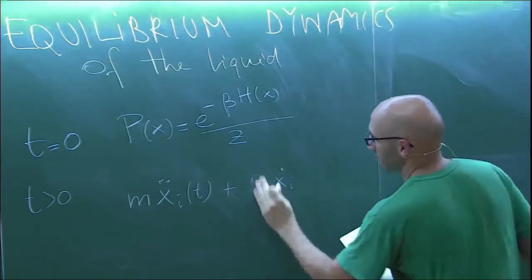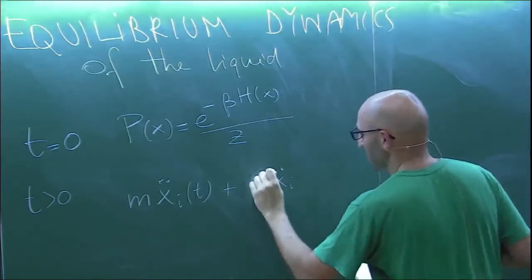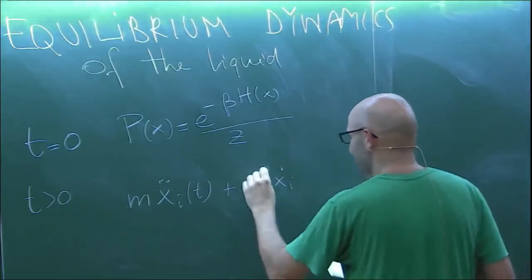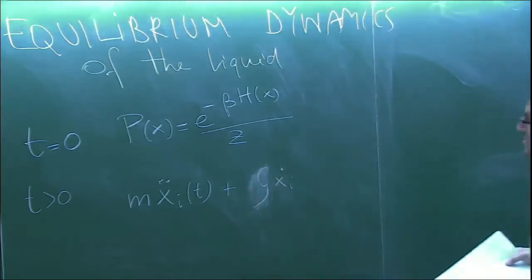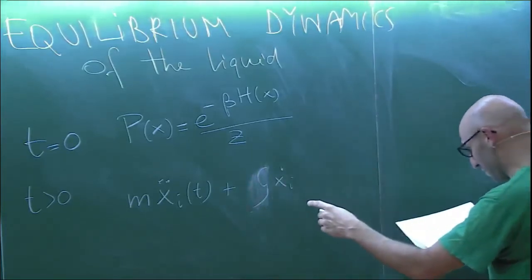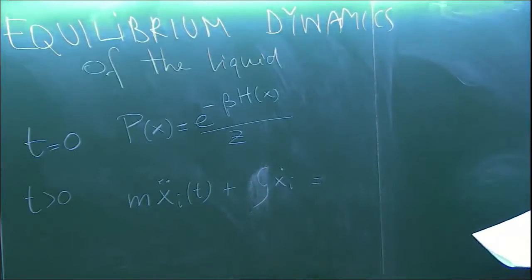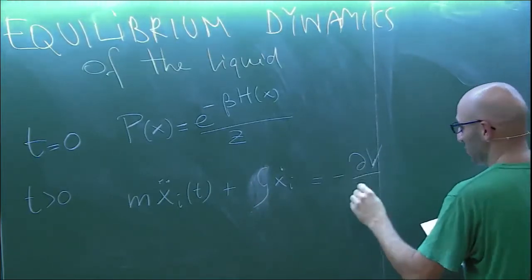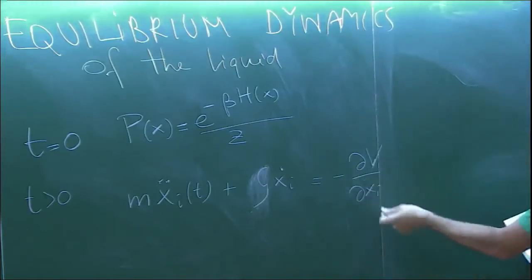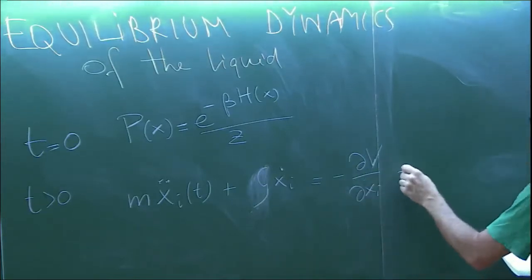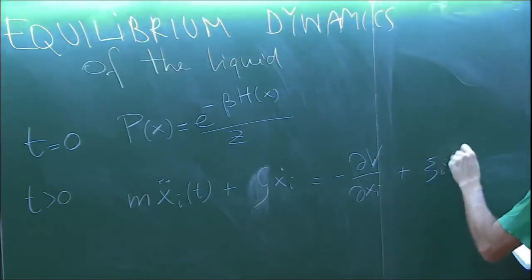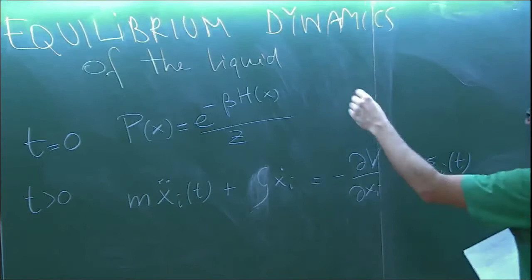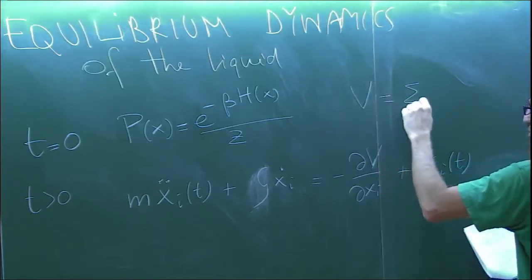This is supposed to be a Greek zeta; I cannot make it very well, but I use this for friction. There will be the potential, and then there will be some noise, xi. The total potential V is just the sum of pair potentials.